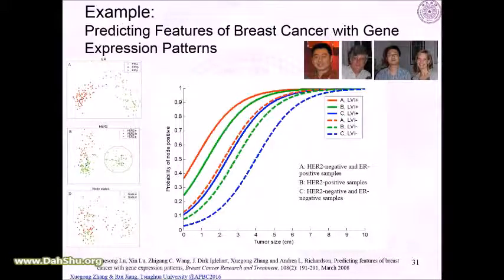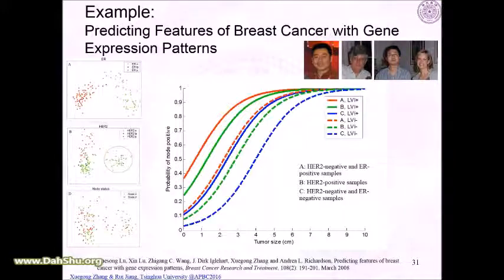In an early application, we wanted to do the classification of lymph node metastasis of breast cancer based on the expression data. For some other features in breast cancer, like ER positive, HER2 positive, and so on, we can get very good prediction. But for the lymph node, the prediction using supervised methods is poor.